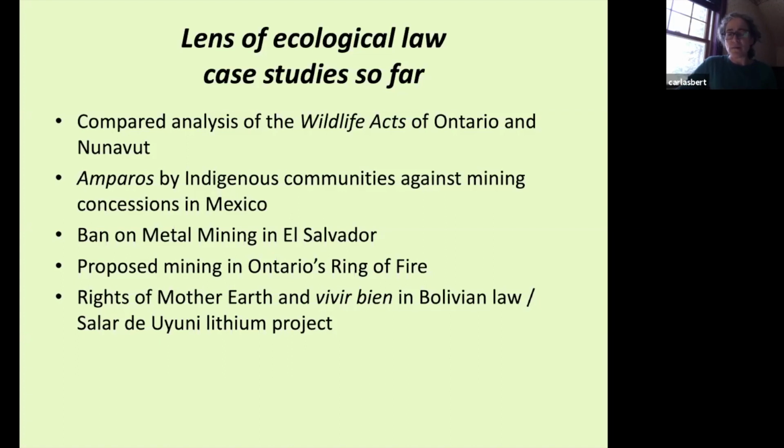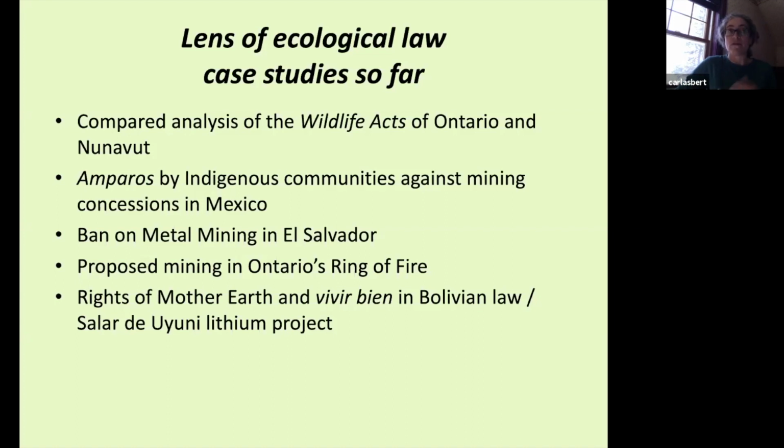And I chose them, however, all based on an expectation that they would lead to interesting results, either because there were elements in these norms that at first sight appeared aligned with ecological law, so the rights of nature in Bolivian law, or the metal mining ban in El Salvador, which is the first country ever to set a legal ban like that, or whether there were elements that aligned with the values of ecological law.